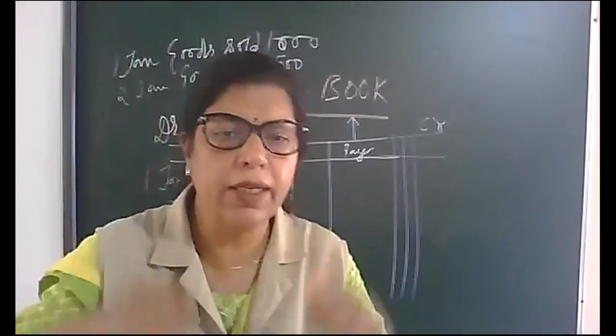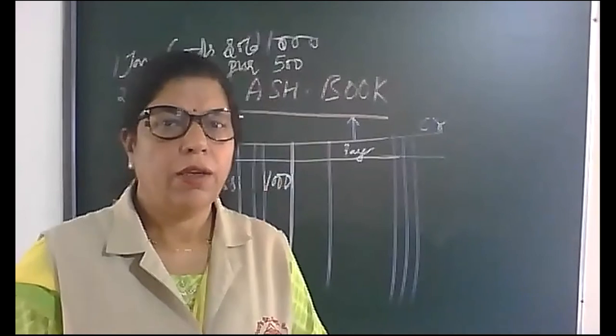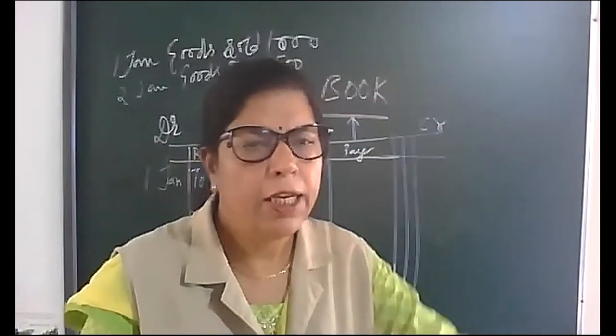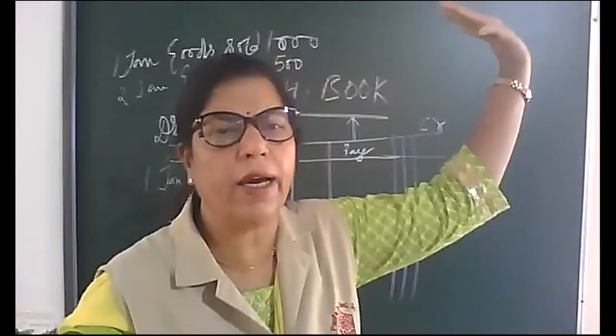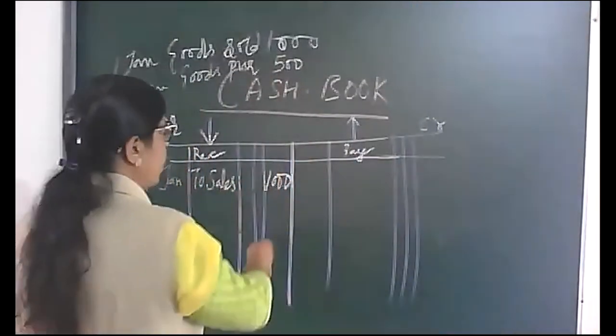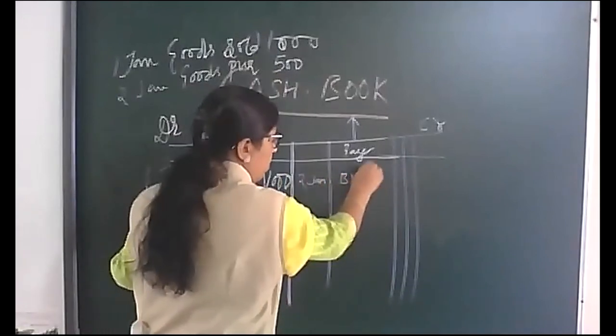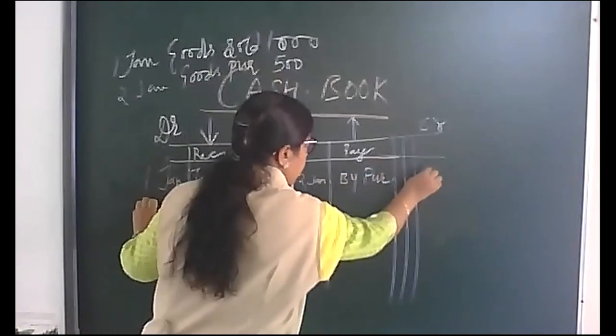Where to enter now? When the businessman is purchasing goods, payment is going out. So 2nd January, by purchase.